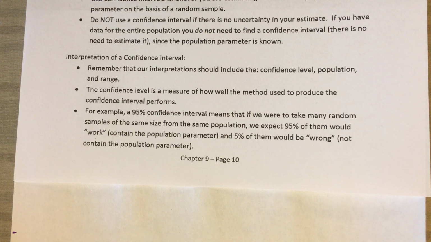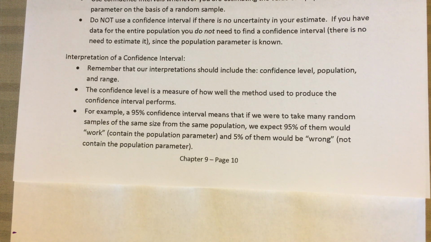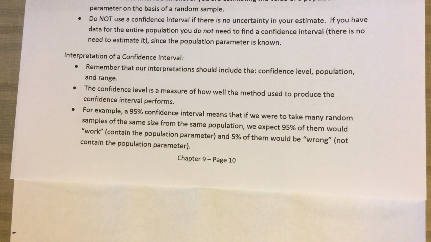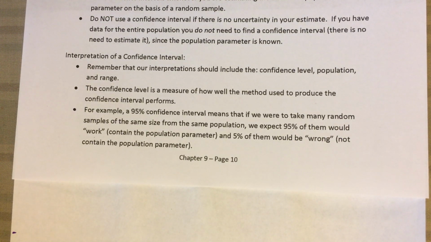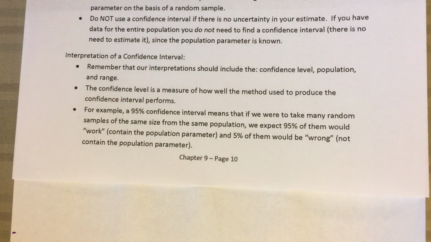Our confidence level is a measure of how well the method used to produce the confidence interval performs. For example, a 95% confidence interval means that if we were to take random samples of the same size from the same population, 95% of them would contain our population parameter. Not really anything new here, just a review or summary of some of the things we saw towards the end of chapter 7, in section 7.4 and a little bit in section 7.5.